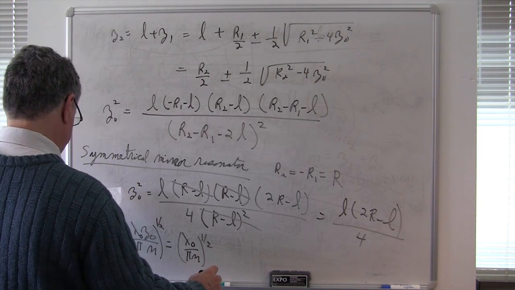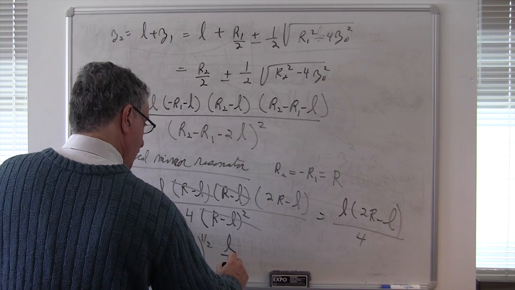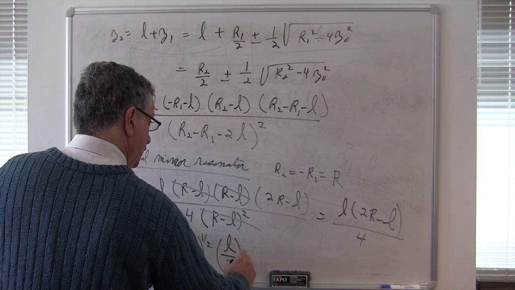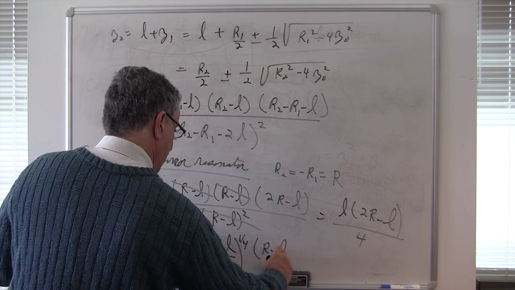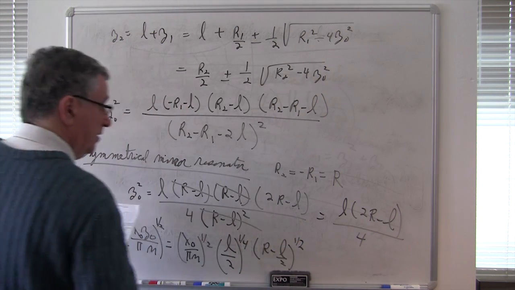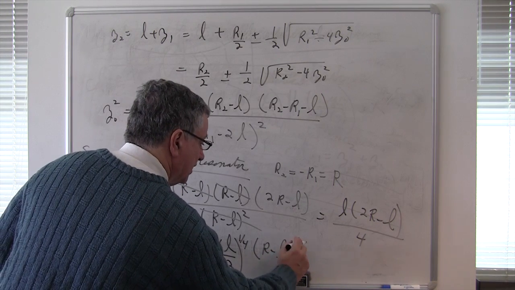So you get L over 2 to the power 1/4, and then R minus L over 2 to the power 1/4 also, I'm sorry.